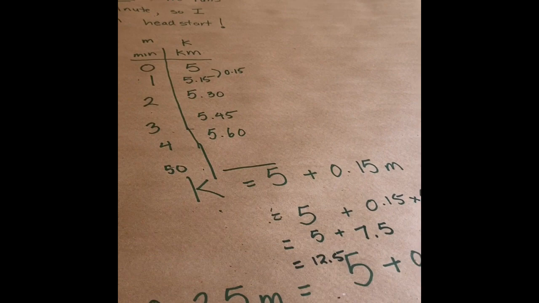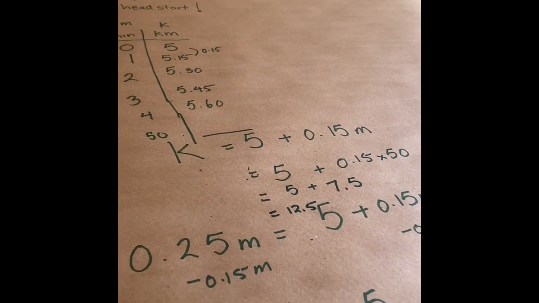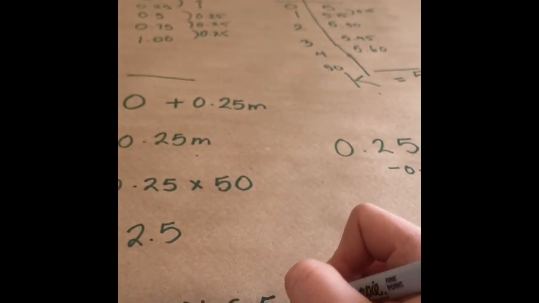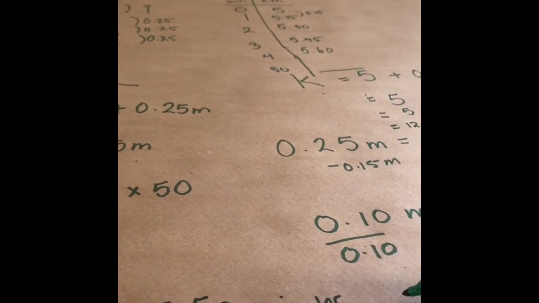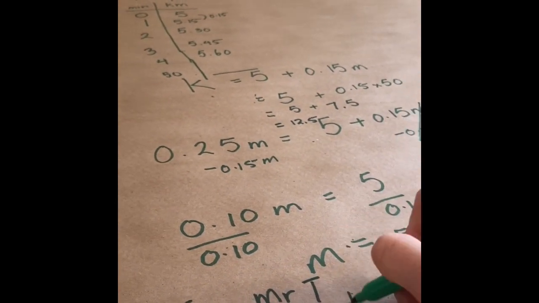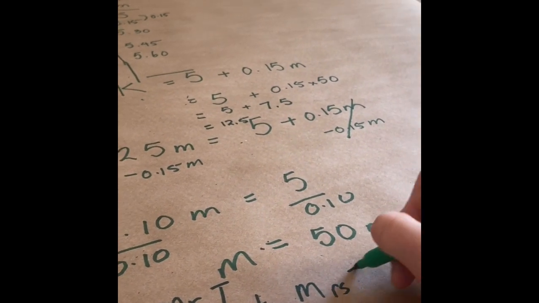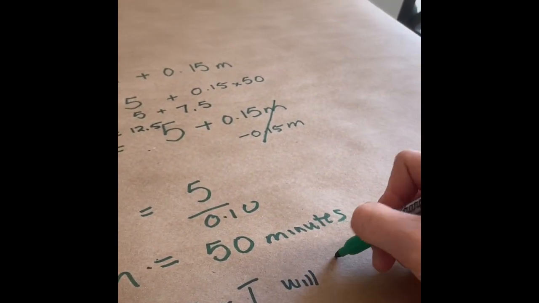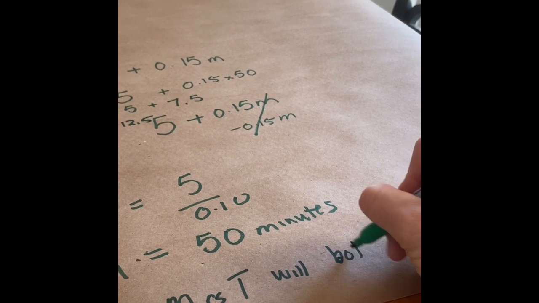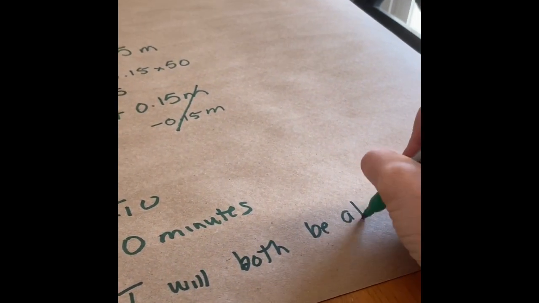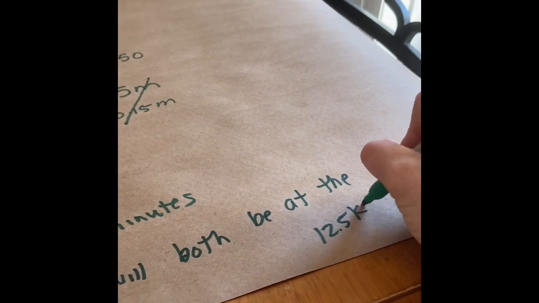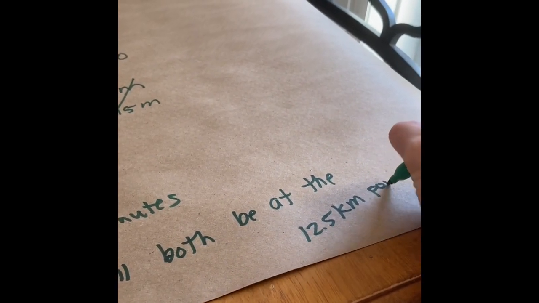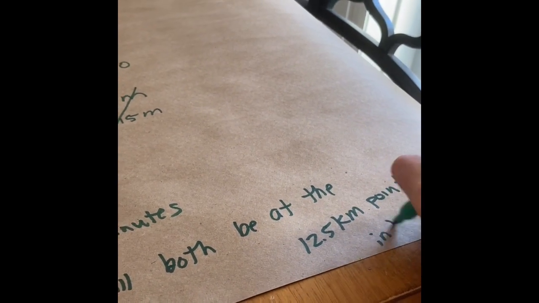So that means after 50 minutes, Mr. T and Mrs. T will both be at the 12.5 kilometer point in the race.